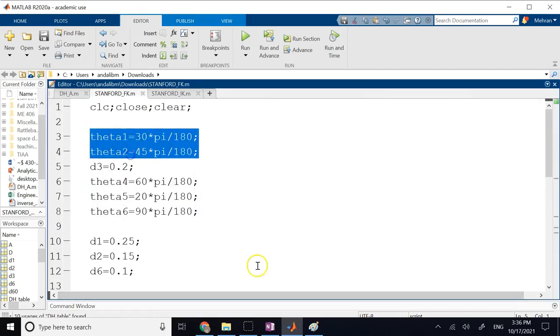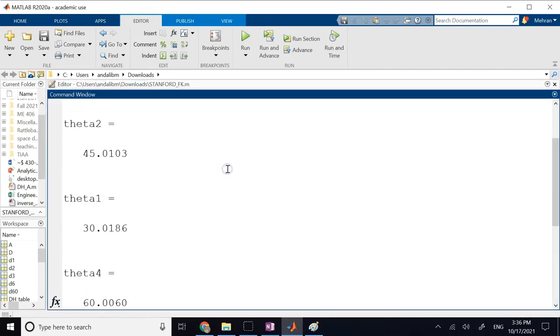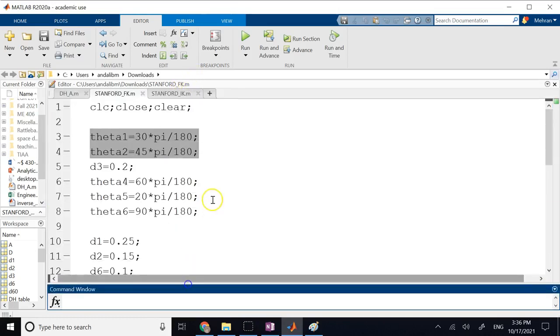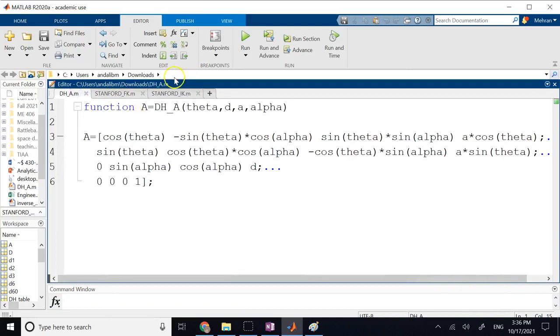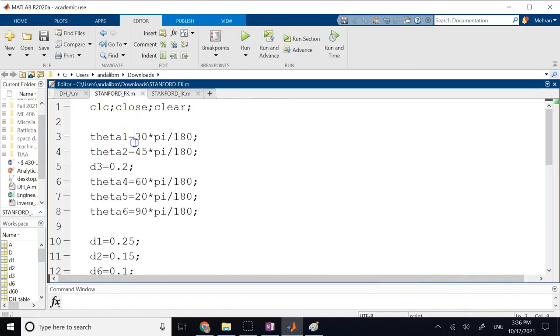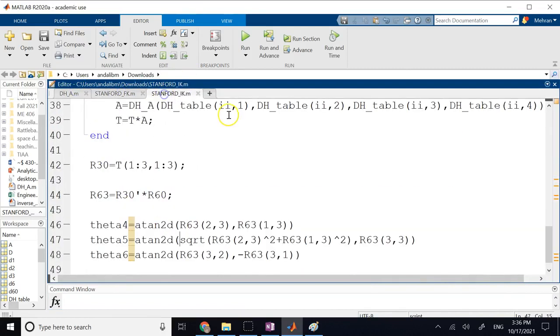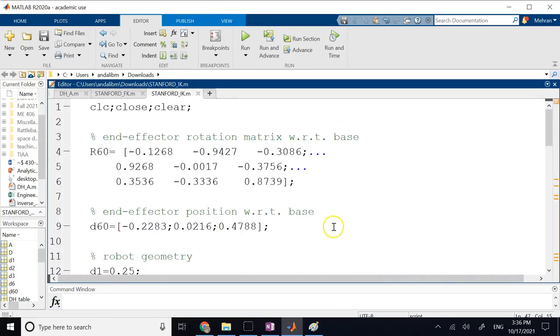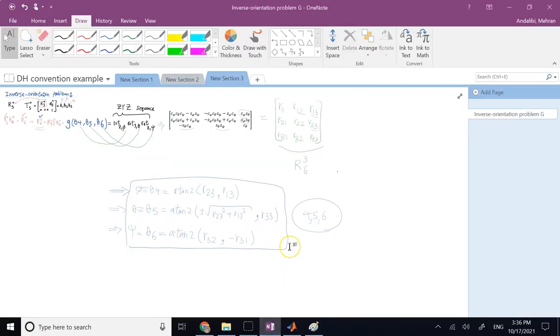And then 30, 45, and 20 centimeters, I already found here: 30, 45, and 0.2. And those small differences are due to round-off errors. But you clearly see that my analytic inverse kinematics does give me back the same solution that I could generate in forward kinematics. Okay?